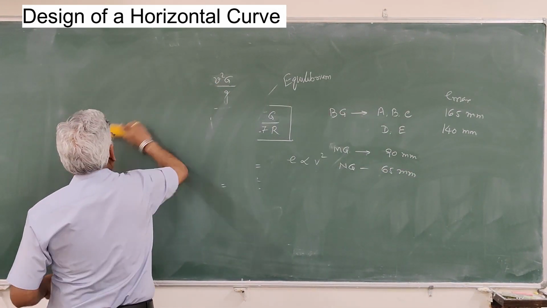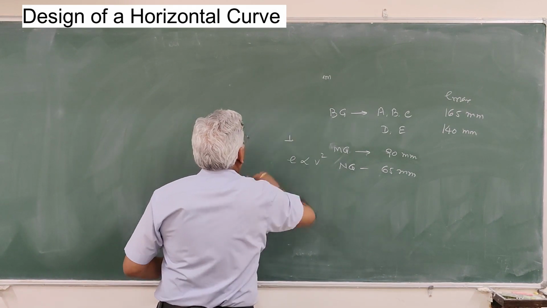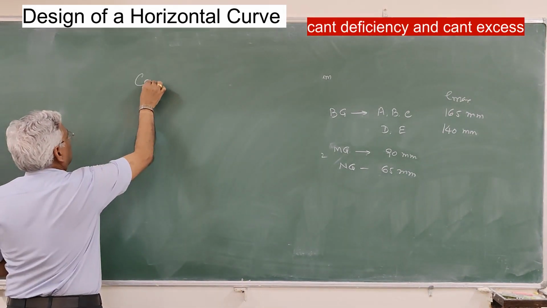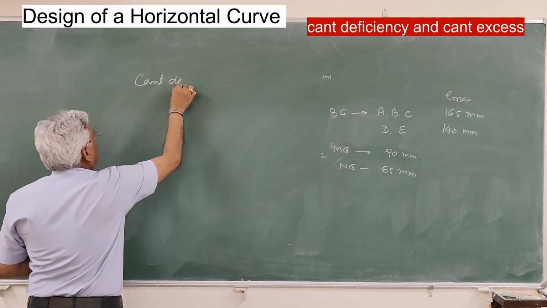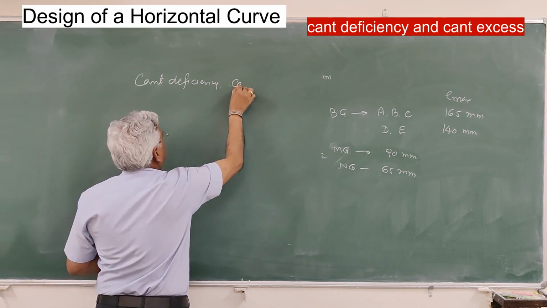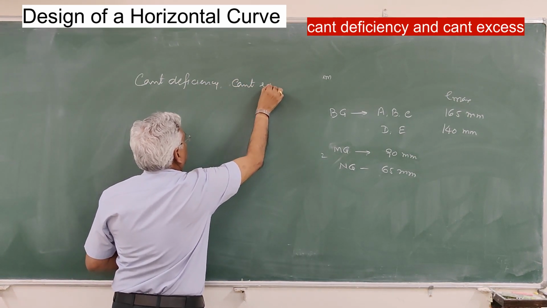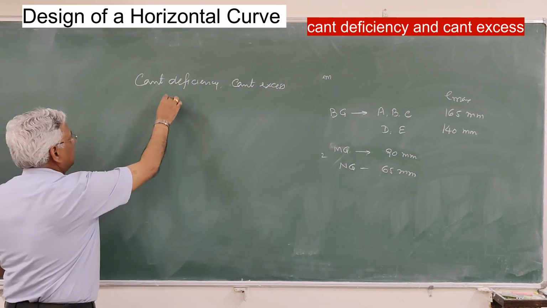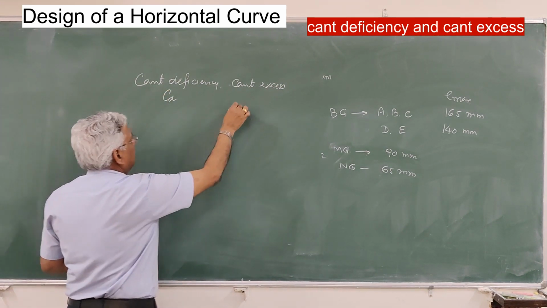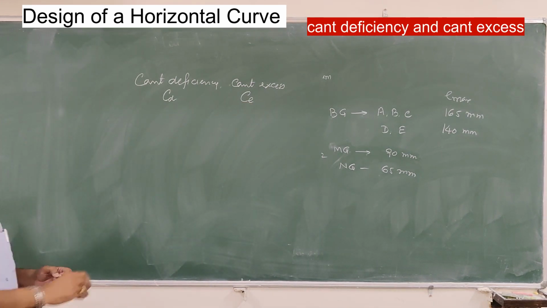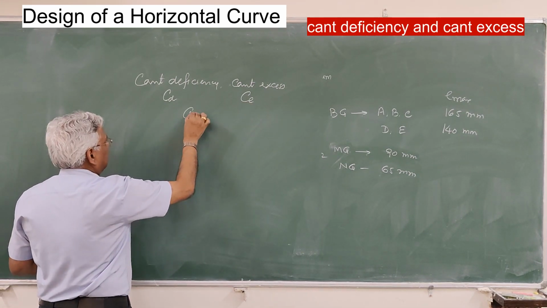Cant deficiency and Cant excess. Cant deficiency is CD and Cant excess is CE, and actual Cant is CA.